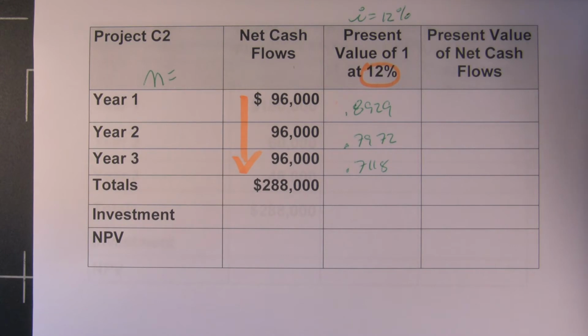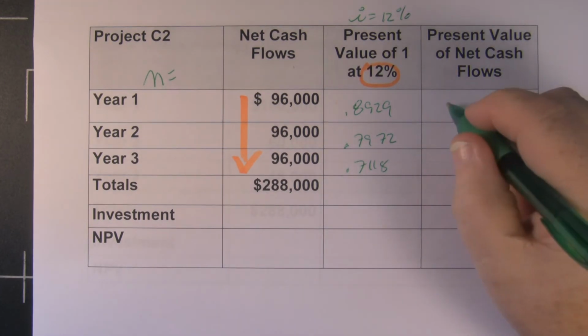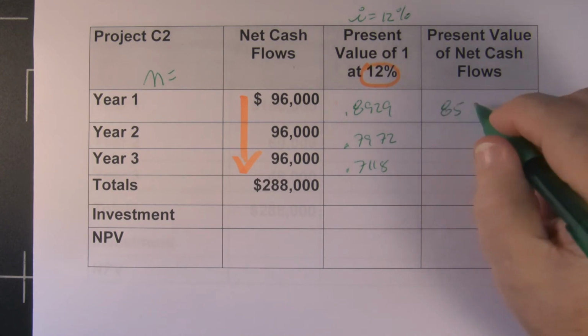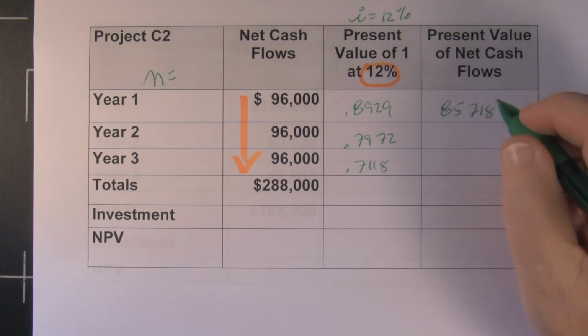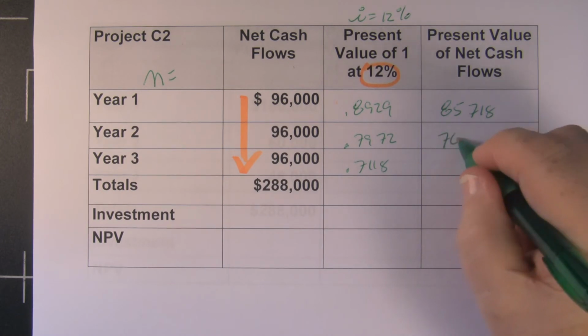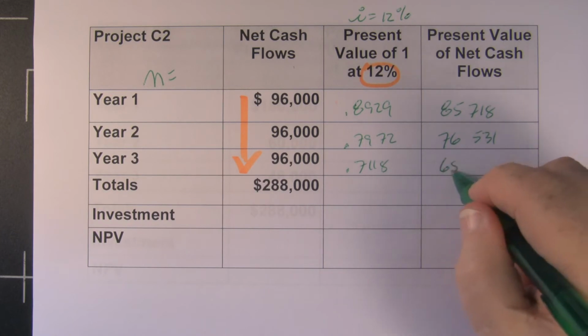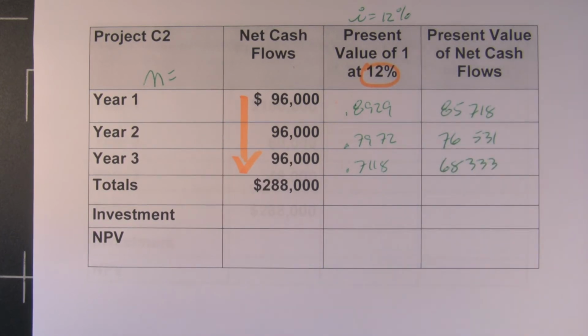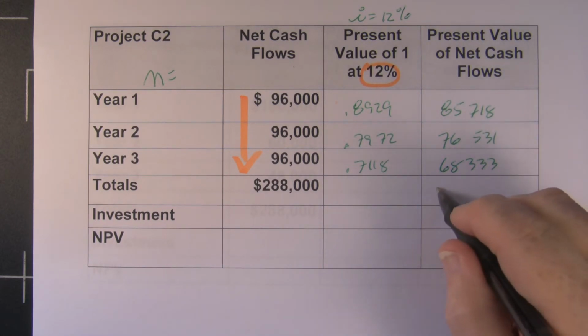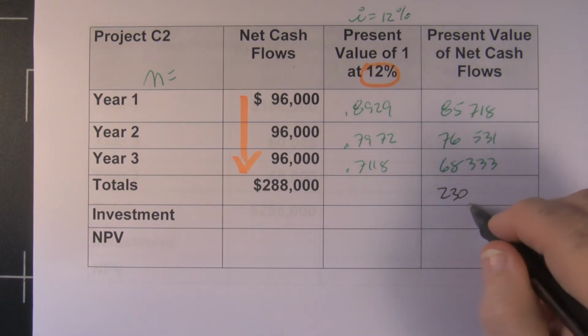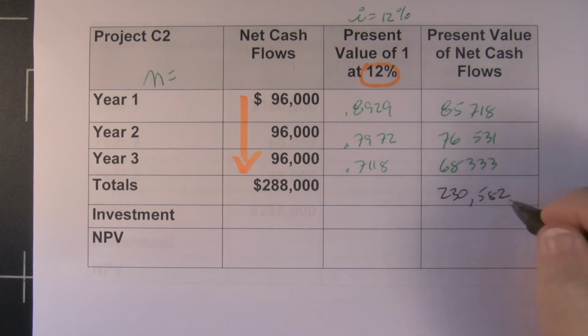Do the math, and we find out that this works to 85,718, 76,531, 68,333. So the net present value of those three cash flows coming in equally is $230,582.